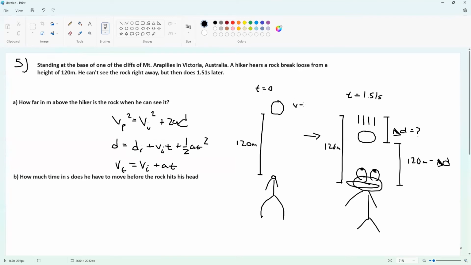So we do have our initial velocity, which is going to be 0 meters per second in this case. Do we have acceleration? The only acceleration that we can see here is, that's right, gravity. Hopefully you said gravity. It's going to be negative 9.8 meters per second squared.